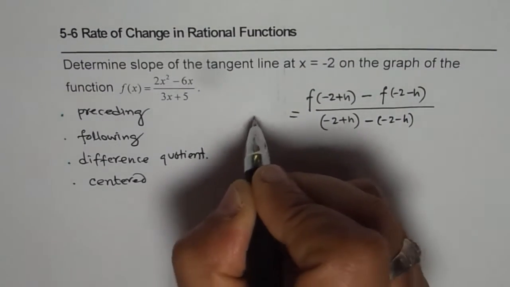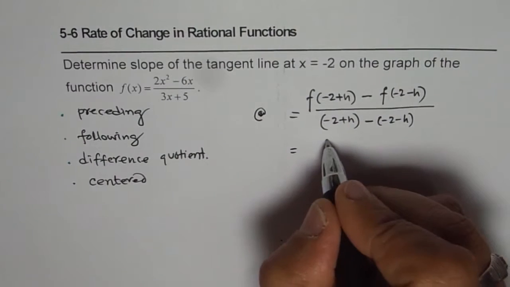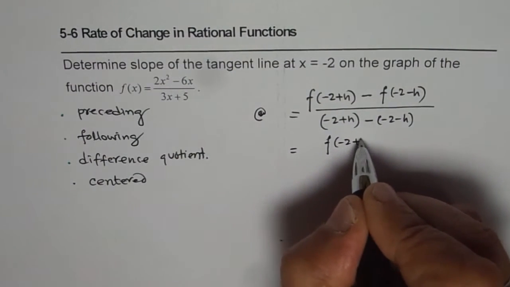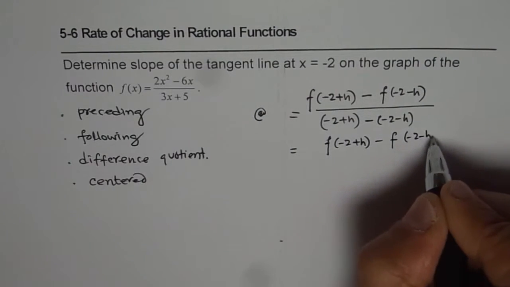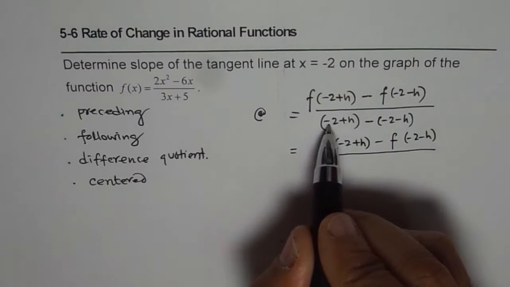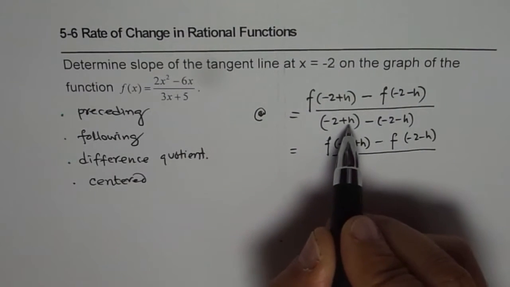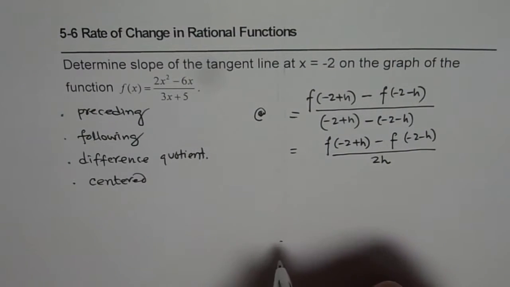So that will be the instantaneous rate of change at this point. Which basically will be f of minus 2 plus h minus f of minus 2 minus h divided by, when you open this up, minus 2 plus minus 2 will be 0, and h minus minus h will give you 2h. Okay, that's kind of important.